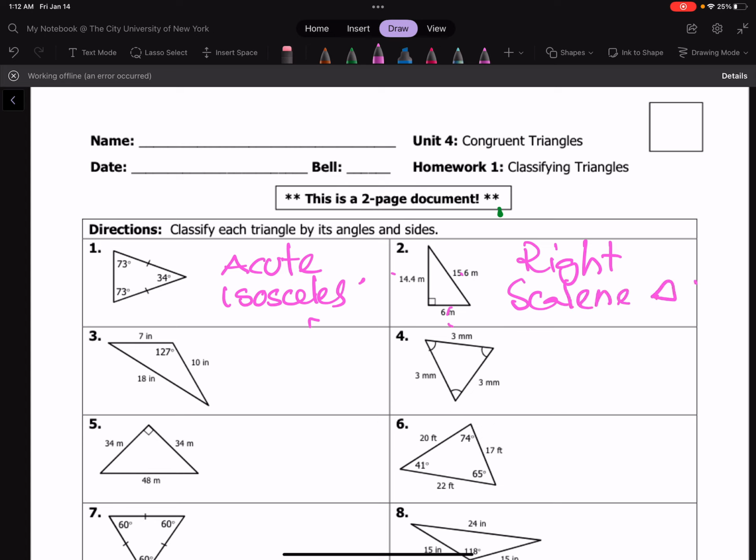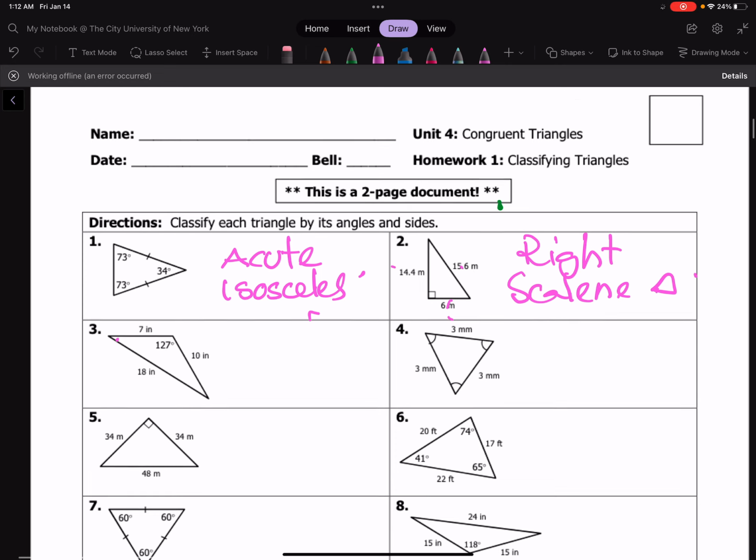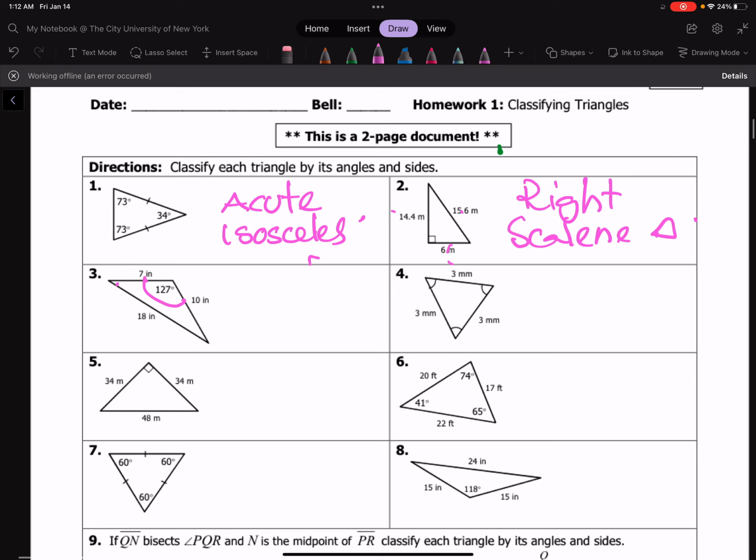And for this one again, this is more than 90 degrees, so obtuse, and none of the sides are equal, so obtuse scalene. This way you should be able to determine the type when sides and angles are given.